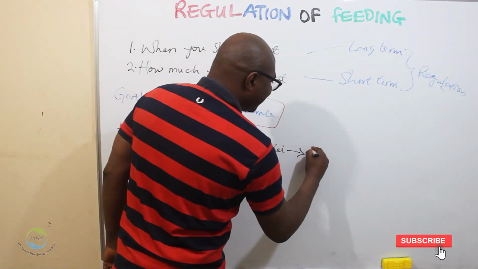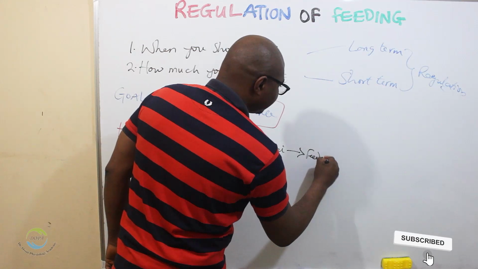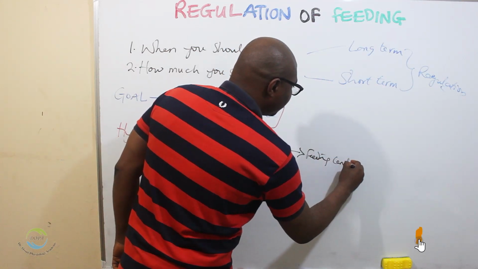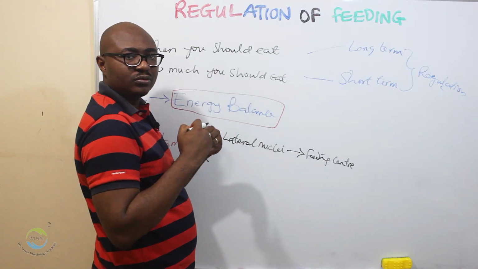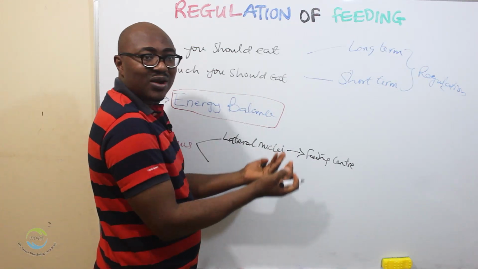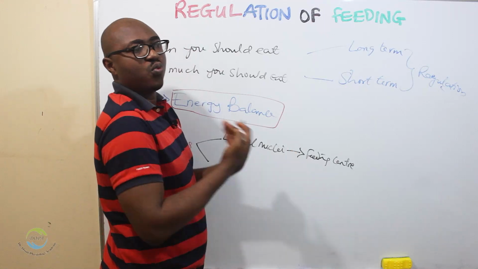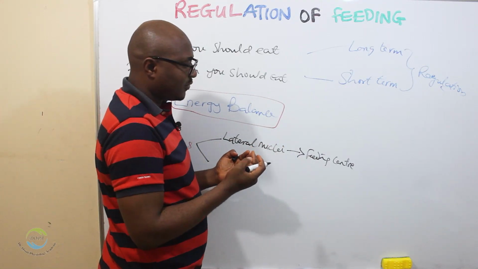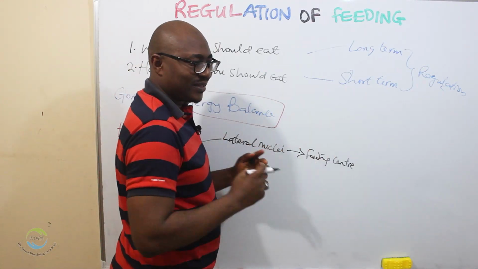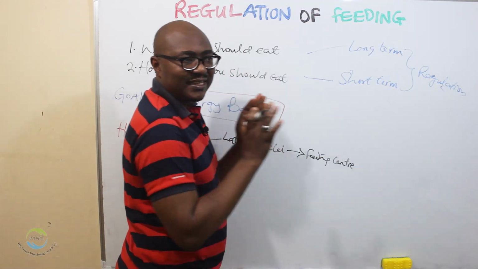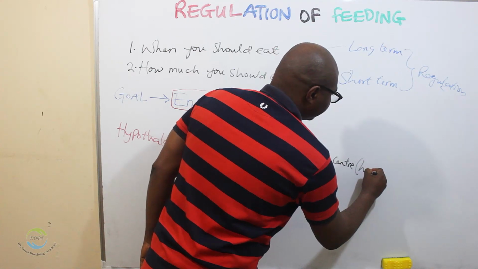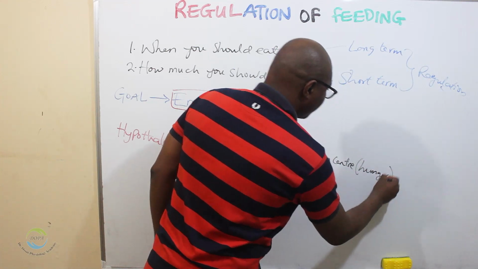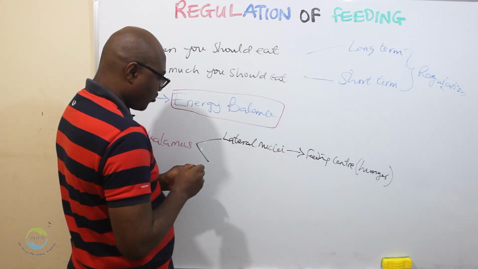We call it the feeding center. What it does is make you take food. It detects that you are hungry and makes you want to take food. In other words, it increases your appetite. It's a food-seeking center. It responds to hunger and tells you that you are hungry.